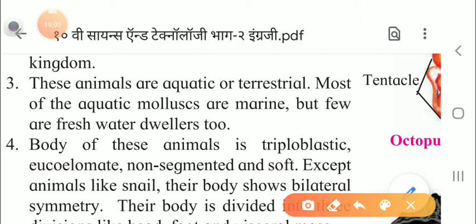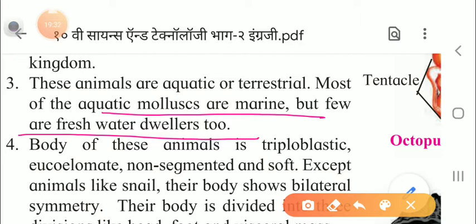Sometimes they are marine. Marine means they live in sea water, but sometimes they are freshwater dwellers. Dweller means living place, so they are living organisms in fresh water. That is why they are called freshwater dwellers.